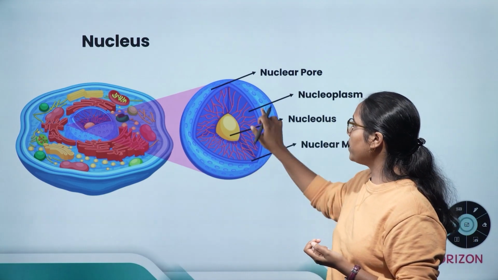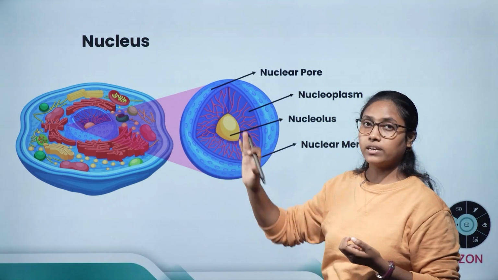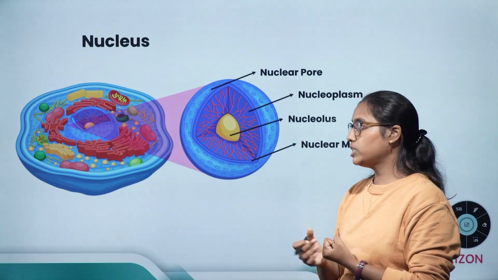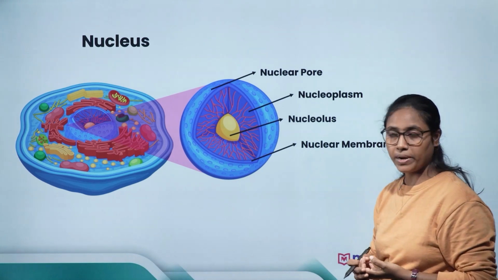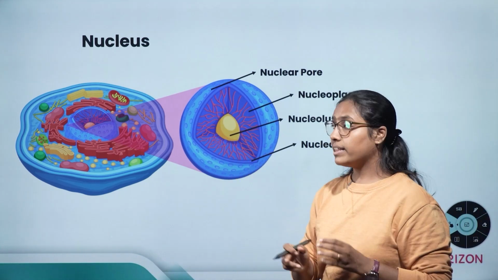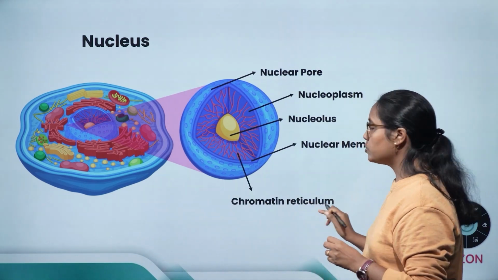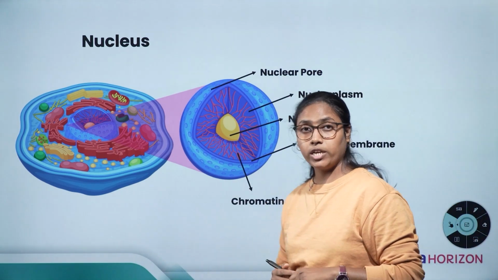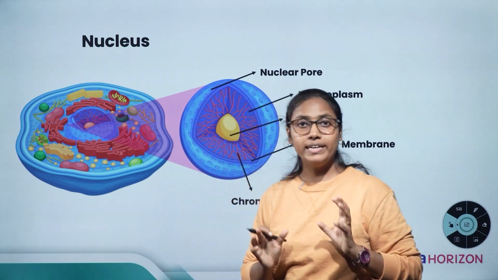We have a double membrane layer that covers the whole nucleus, which we call as nuclear membrane. Apart from that, you can see this thread-like structure. That thread-like structure is known as chromatin reticulum, and it is made up of DNA.